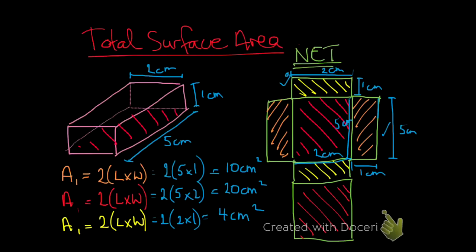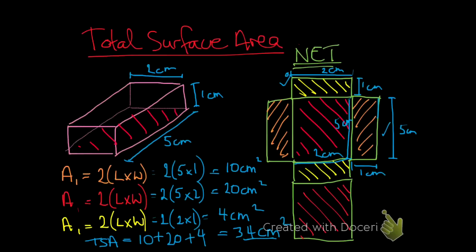In this case, our total surface area is going to be all of these areas added together, which is 10 plus 20 plus 4, which is going to give us 34 centimeters squared.